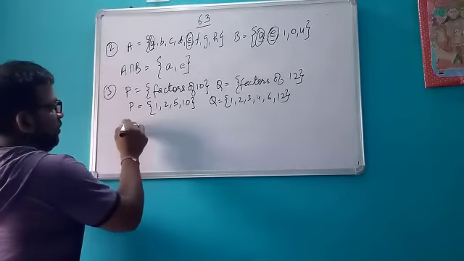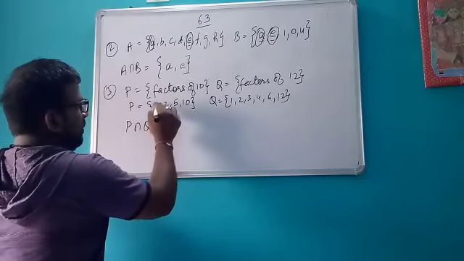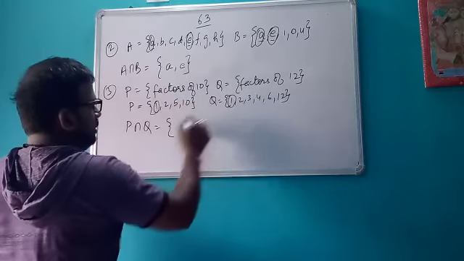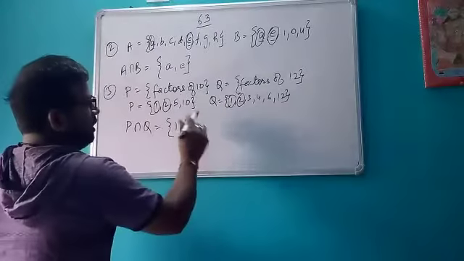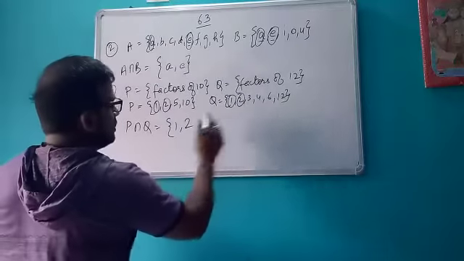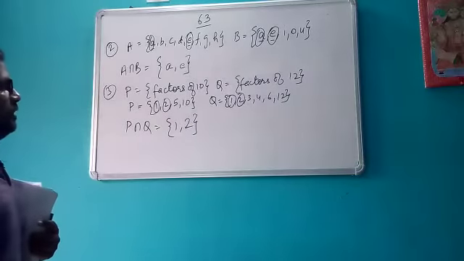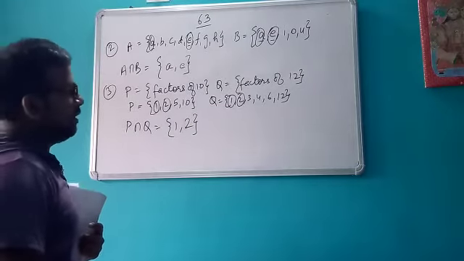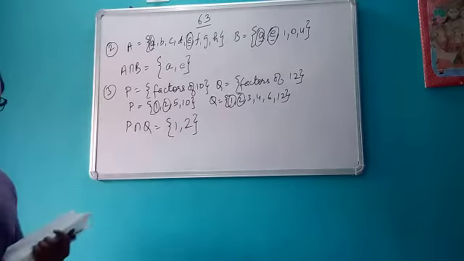So again if we have to calculate P intersection Q, common elements we will take: 1, this is 1, then 2 is there and 2 is there, then 2, and see no other common elements are there. This is 5 and 10, this is 3, 4, 6, 12, so this will be your P intersection Q. Okay, so like this you just take the common elements which are present in both the sets, not any other element.